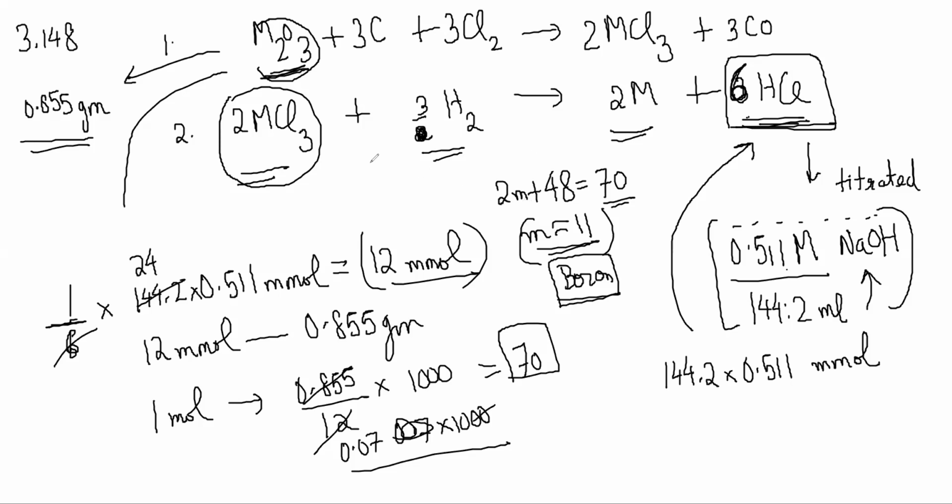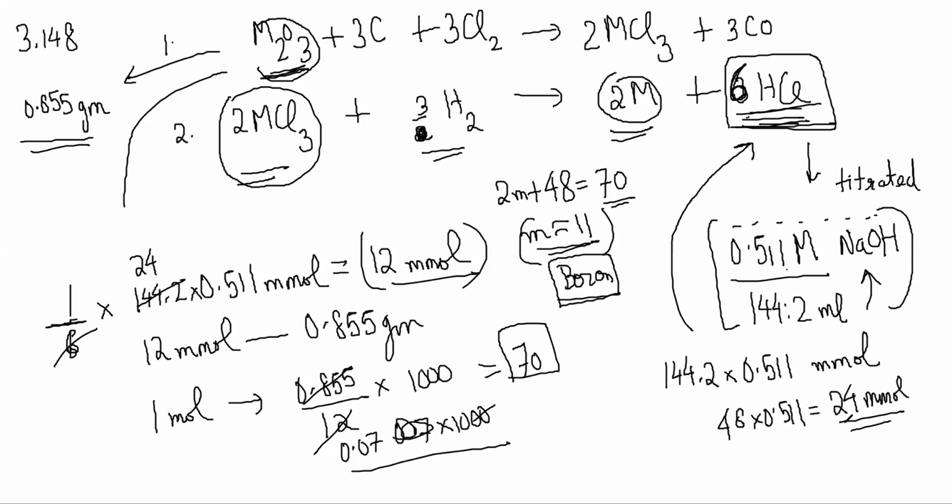He also asked how much metal was produced at the end of this process. The metal is 1/3 of the moles of HCl. Whatever moles of HCl there were, 1/3 will be the metal produced. So dividing by 3, it is 48 into 0.511, almost 24 millimoles.